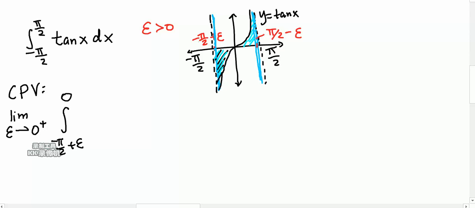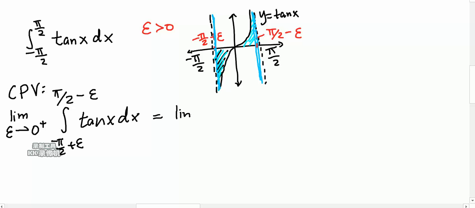Actually, technically, instead of splitting it into 2, I could just say it equals this whole thing, from negative pi over 2 plus epsilon to pi over 2 minus epsilon of tangent of x dx.